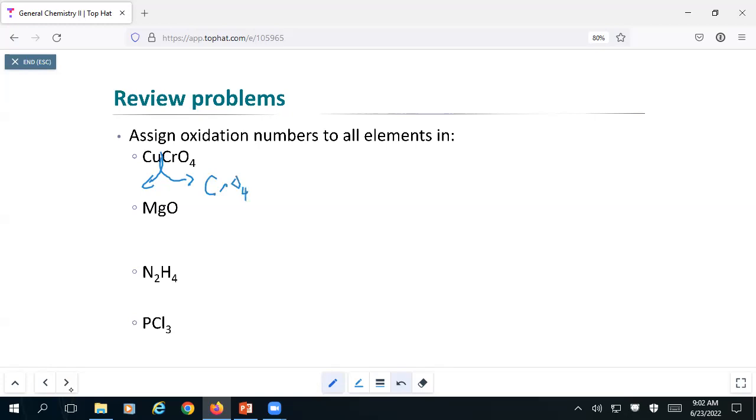Chromate ion is CrO4 -2, which means since this is a -2 charge, that must mean that the copper is a +2 charge. So if I'm assigning oxidation numbers, I've got a +2 on the copper.